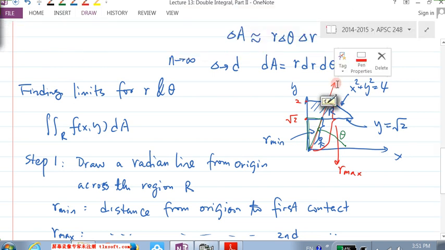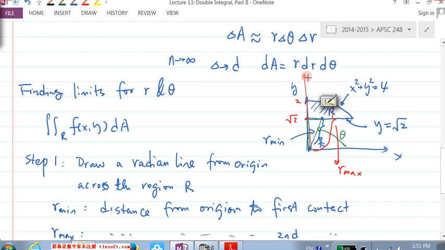So the next step is you do this. You sweep this reading line, the line you just drew, across this region R, and you find the bounding locations when you're sweeping. In this particular case, what are the two bounding locations? One is here, and the other is here.